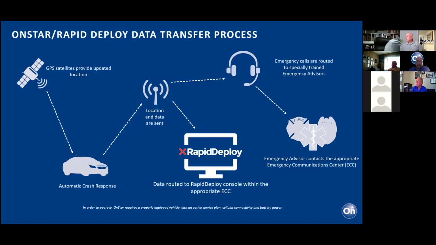So now that additional data from that crash, instead of just going into our call center and us making a voice call and trying to verbally relay that information, as Jonathan showed, it goes into RapidDeploy's Radius V4 and allows the dispatcher to take a look at that and see that there's some information coming through that may indicate what type of services may be needed on scene.